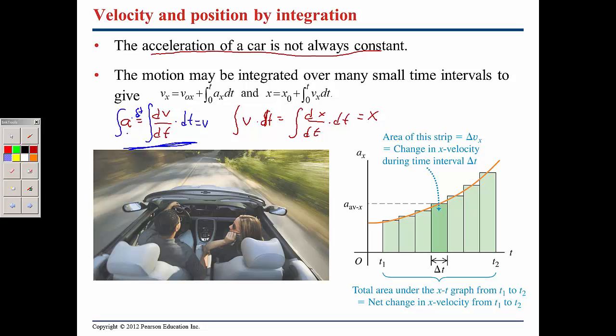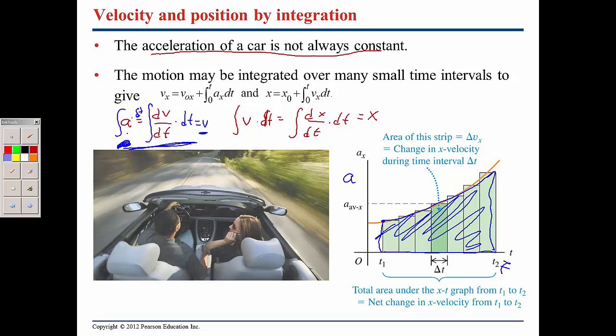and the integral of the acceleration with respect to time is simply going to be the velocity. And what that means is if we look at the acceleration versus time graph, the integral means the area under. So if we're looking between two time periods, say t1 and t2, the area under that graph is going to be the integral of the acceleration, and that is equal to the velocity.